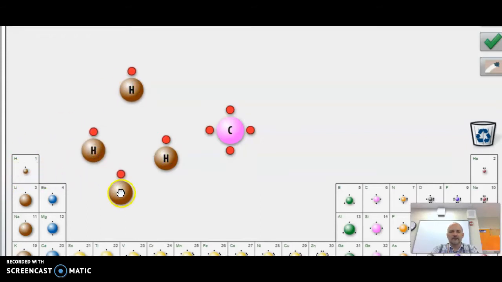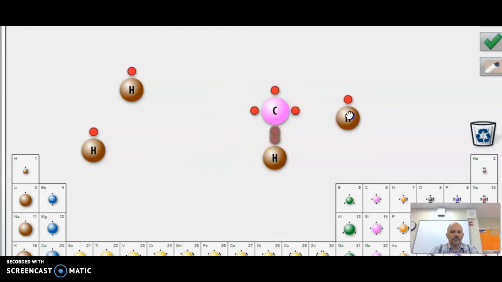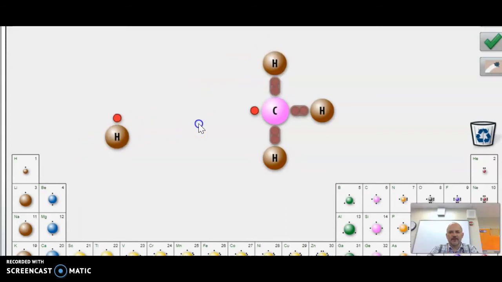You can probably figure out how this one goes already. Each H has one bonding electron. There are 4 of them, so I can bond them to the 4 bonding electrons from the carbon, and I can make a molecule of CH4. So that's what that one looks like.